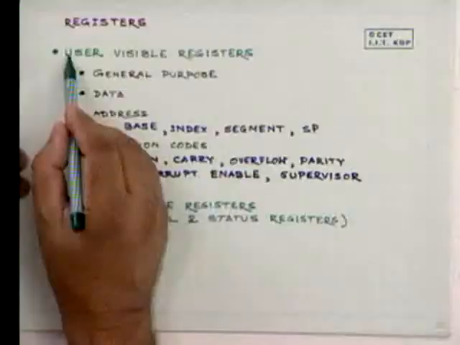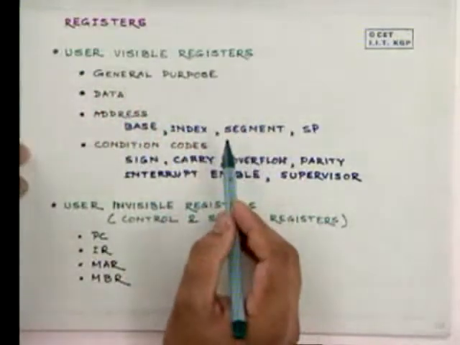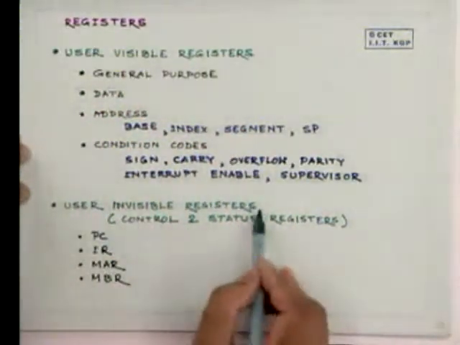As I said, if you have more registers within the CPU, then you can keep more operands in the CPU, and therefore your instruction execution time will reduce. Okay. Now, the registers are classified into two broad categories. One is user visible registers, another is user invisible registers.